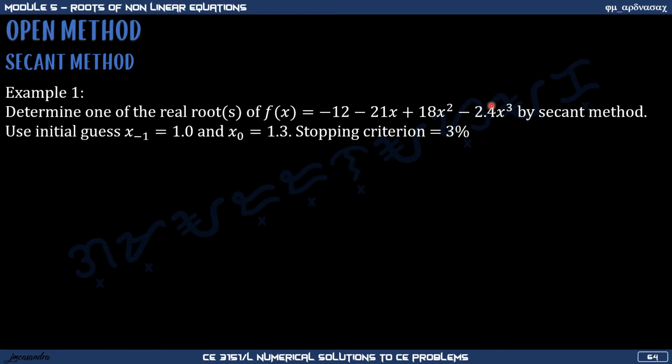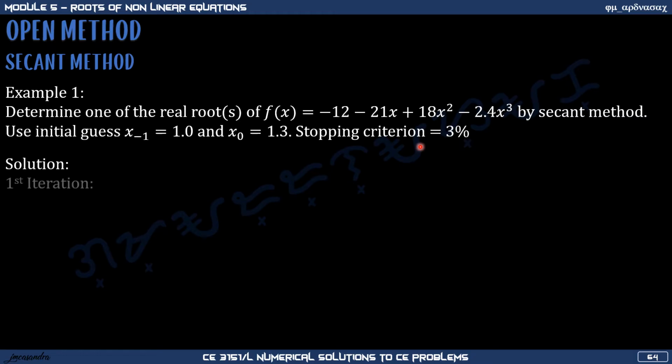Though this can be differentiated and can be solved with the Newton-Raphson method, let's apply the secant method using initial guesses x sub negative 1 equal to 1 and x sub 0 equal to 1.3. Let's set our stopping criterion at 3%.